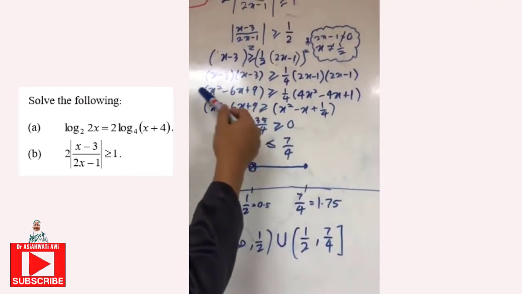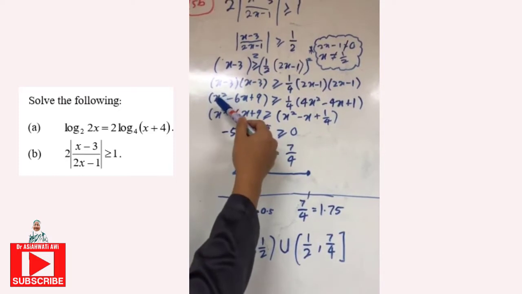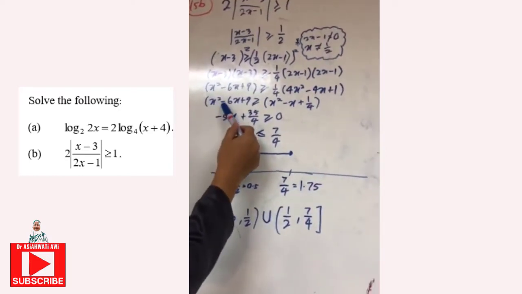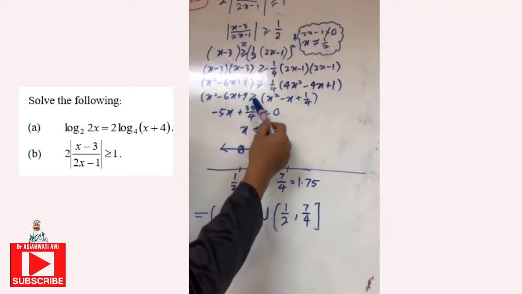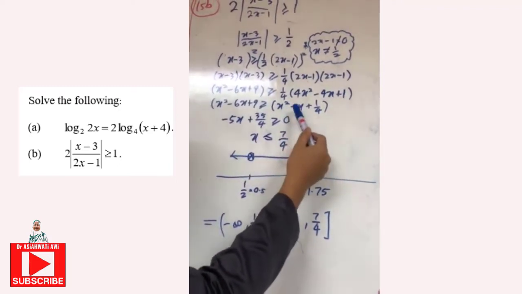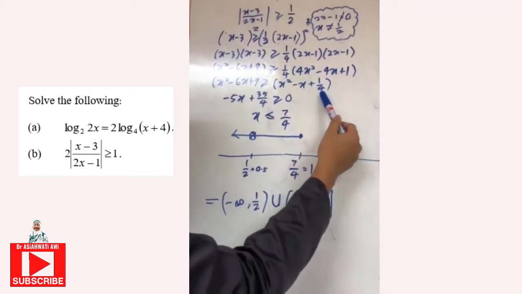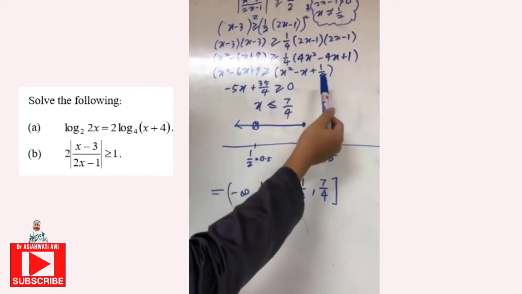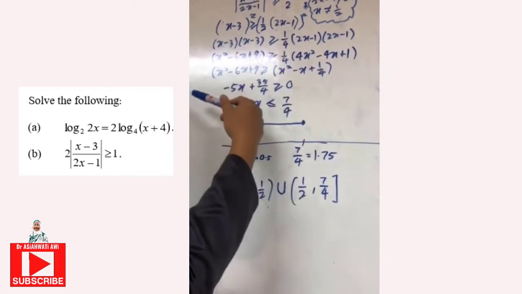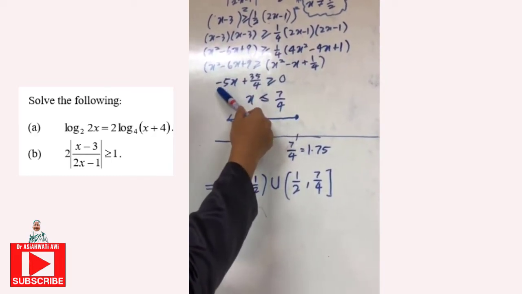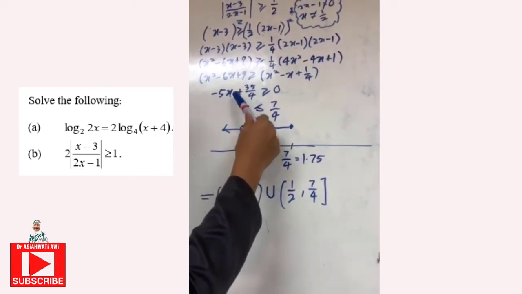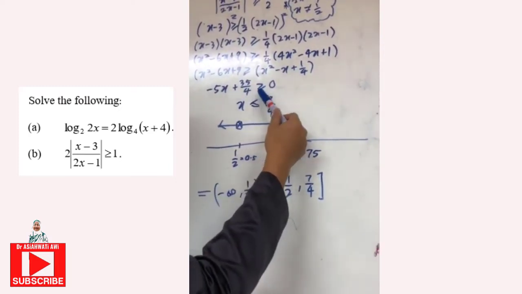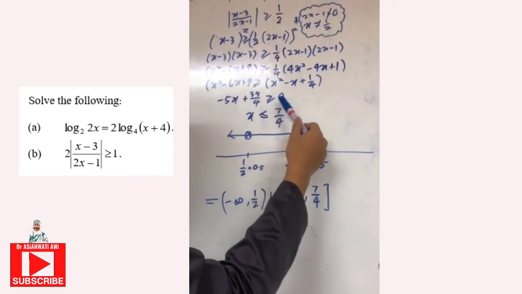We expand the equation, and we get this quadratic equation: x square minus 6x plus 9 greater than or equal to x square minus x plus 1 over 4. And from this, we bring all of the equation to the left side, and we get negative 5x plus 35 over 4 greater than or equal to 0.